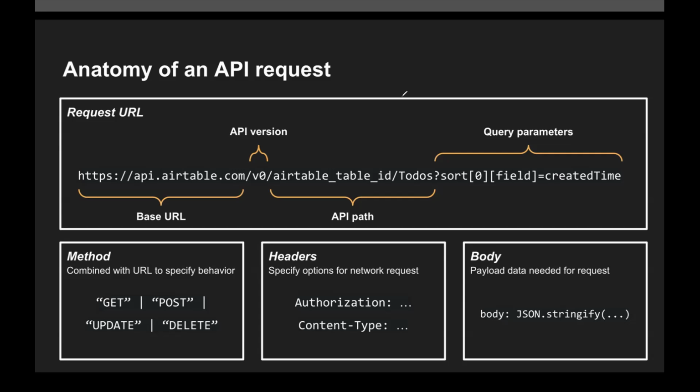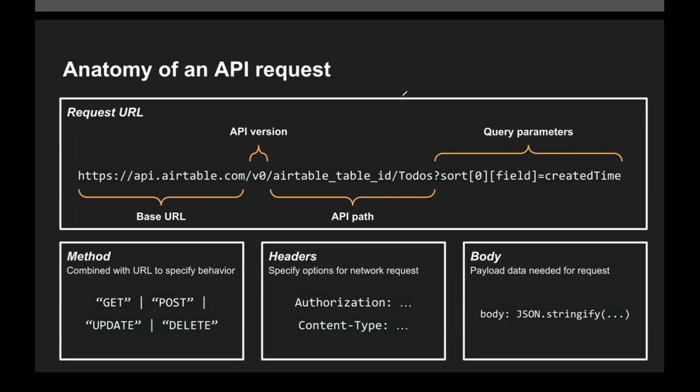So that's the method. Then we have headers. These are additional configuration attributes that you attach to the network request itself. This is where you would add things like authorization. If you're passing an API key, this is where you'll typically put it, in a header. Content type indicates to the API if you're passing any additional content in the body, which we'll get to in a second, and what type of data it should expect.